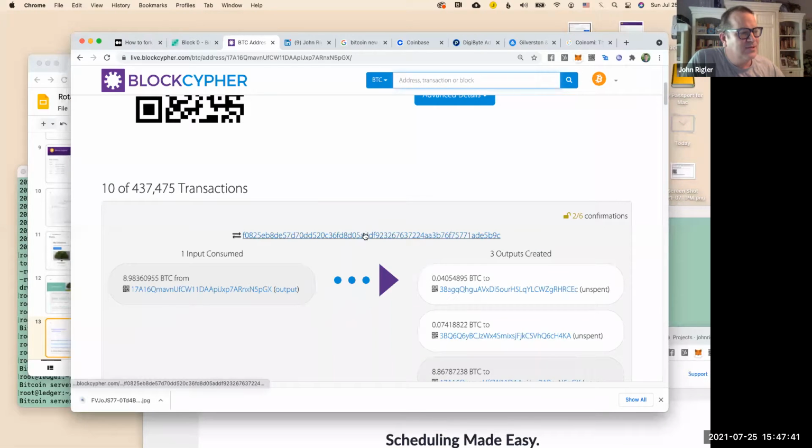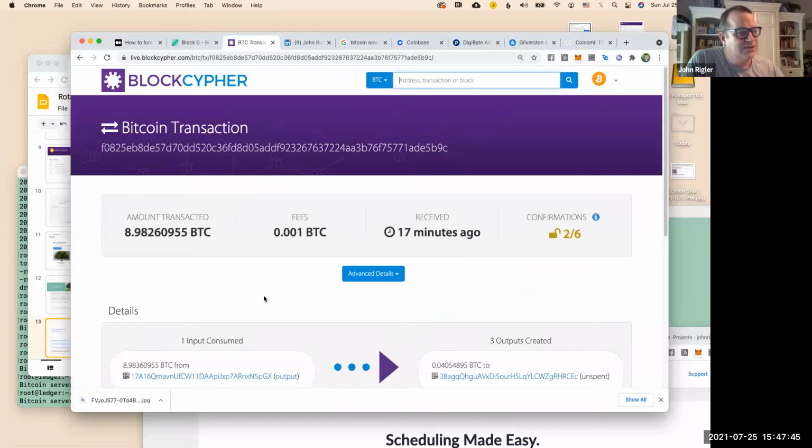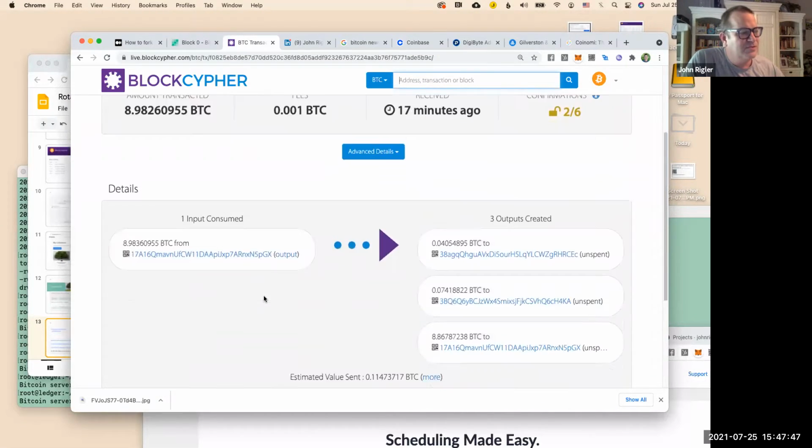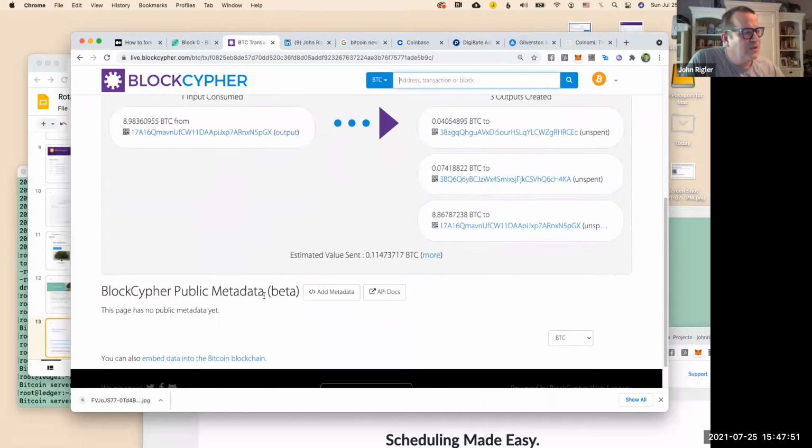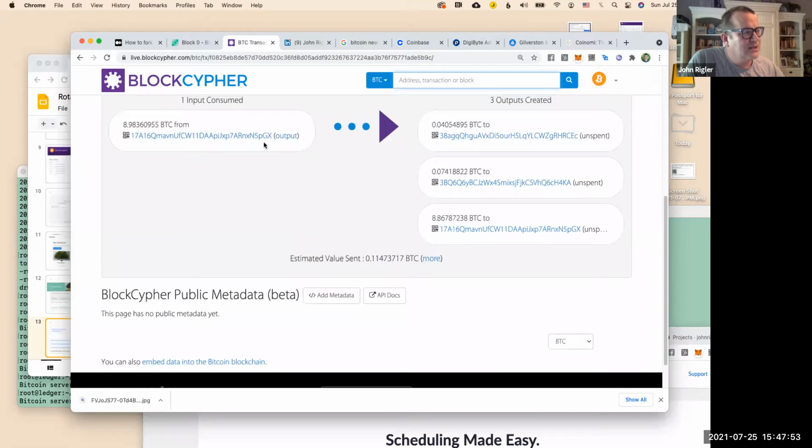And here it shows different views, different transactions. So what happens is that people will try to be sneaky, and they might send that Bitcoin around to like 20 different addresses.